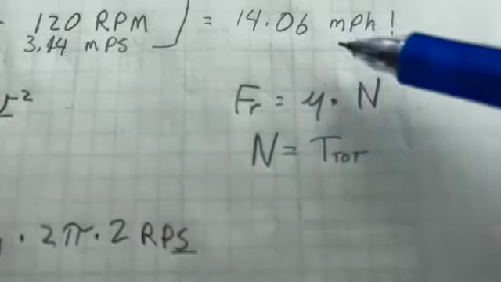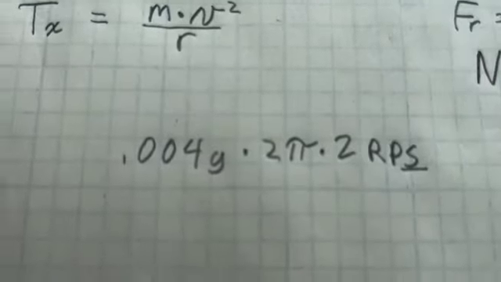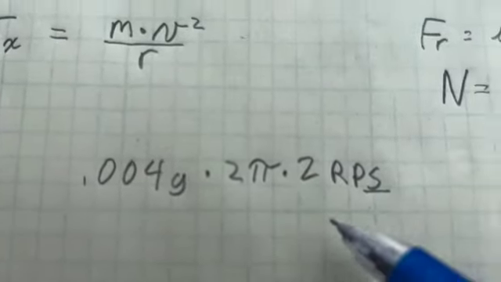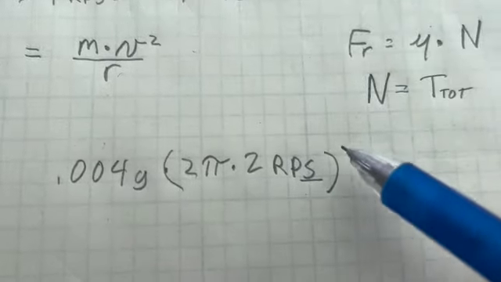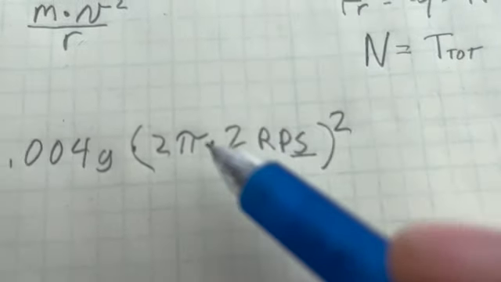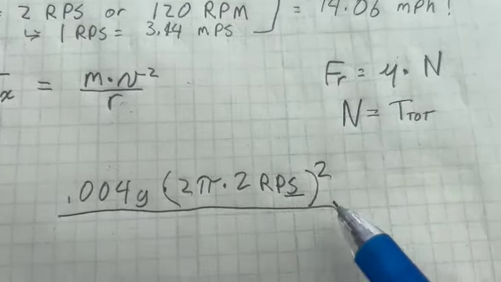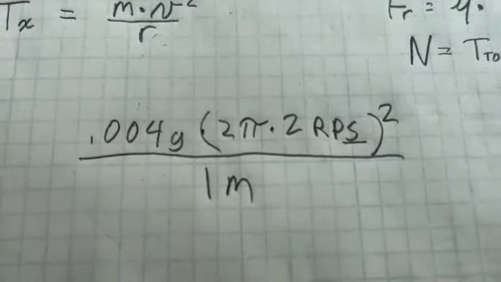I don't know too many people that can actually run this fast for any amount of time, you know. If you are, I'd love to hear about you. I know there are like some athletes out there, right? And this is squared, right? So that's all squared divided by our radius, which is 1 meter. All right.